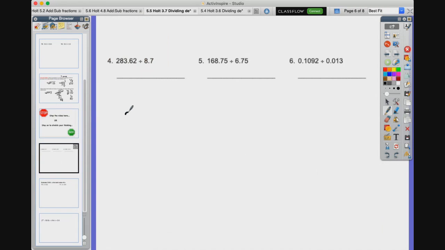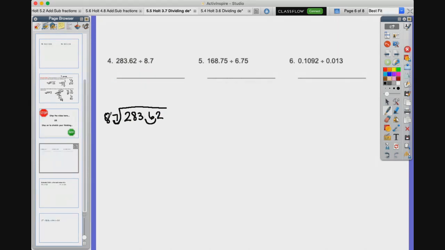Again, our numbers are not getting crazy. The routine is still the same. The procedure is still the same. You're going to write your number down. You're going to move out your decimal. Now for this one, I'm only moving it 1 time, because I only moved it out once.